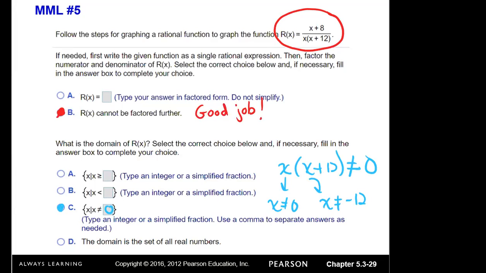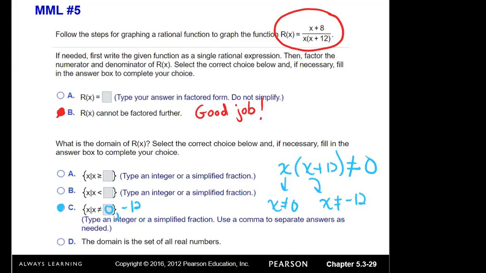So I'll put x is not equal to 0, comma, negative 12, or in the opposite order, whichever floats your boat. And then remember, when you get to the part where they ask about your vertical asymptotes, those are both also vertical asymptotes. So try to make a mental note of that.